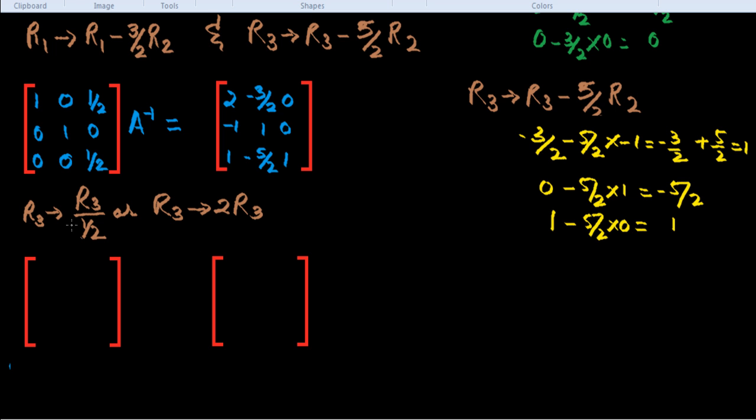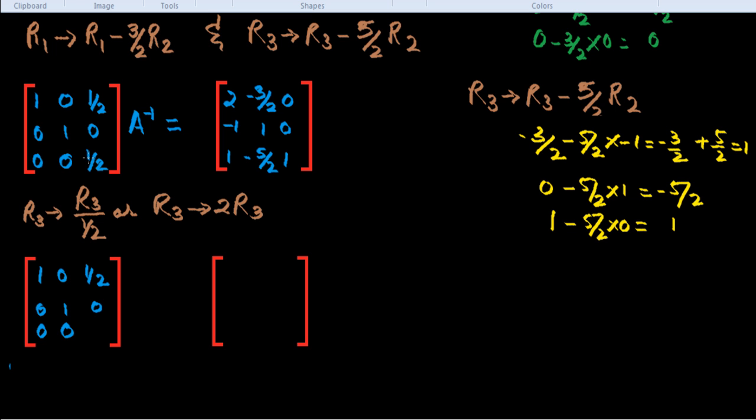Okay. So here the first and second rows would be the same, there would be no change, because there is no transformation in these two rows. So we get here 1, 0, 1 by 2, 0, 1, 0. Now multiply 0 by any number, we always get 0, it is also 0.